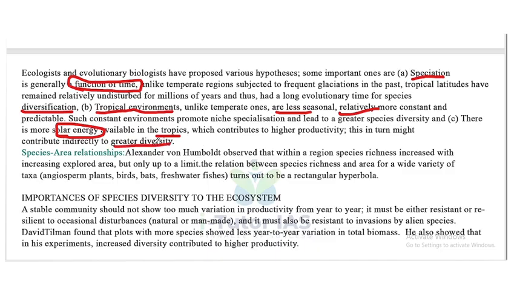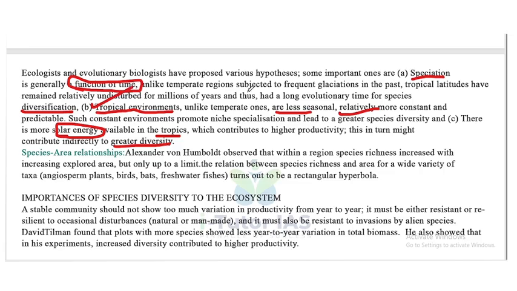So the reasons for the species diversity at the equator rather than at the poles or the temperate region are three. One is speciation as a function of time, and the tropical regions have remained undisturbed for many years, which gives the species a long time period to evolve.